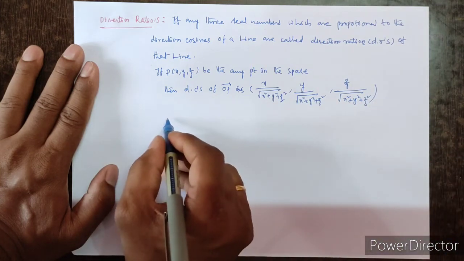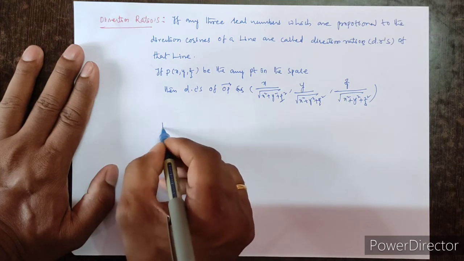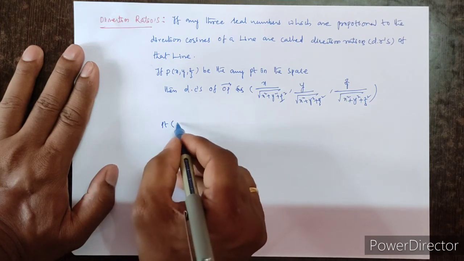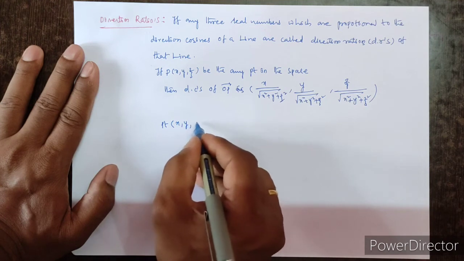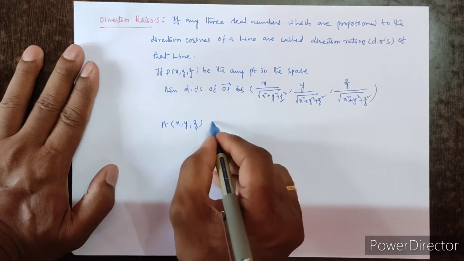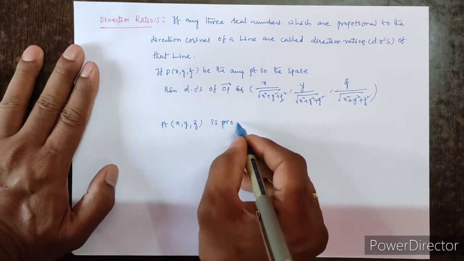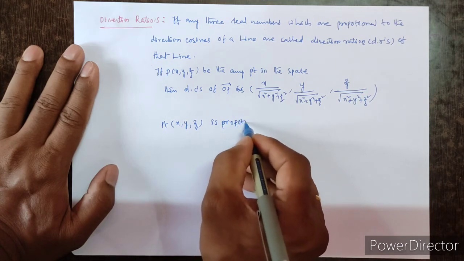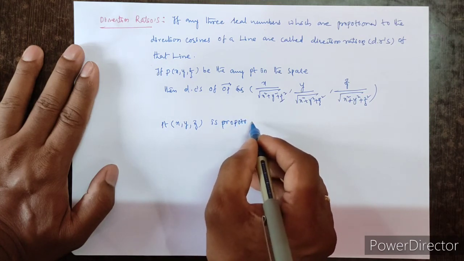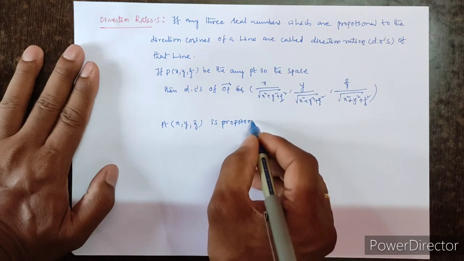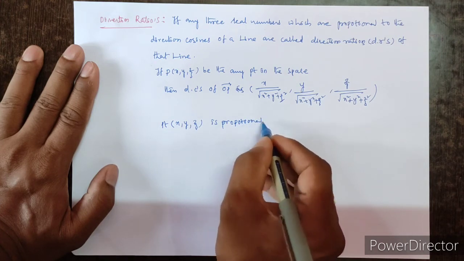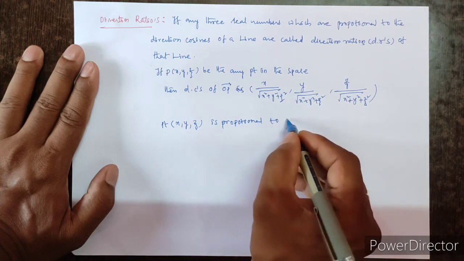So the point P (x, y, z) is proportional to l, m, n.